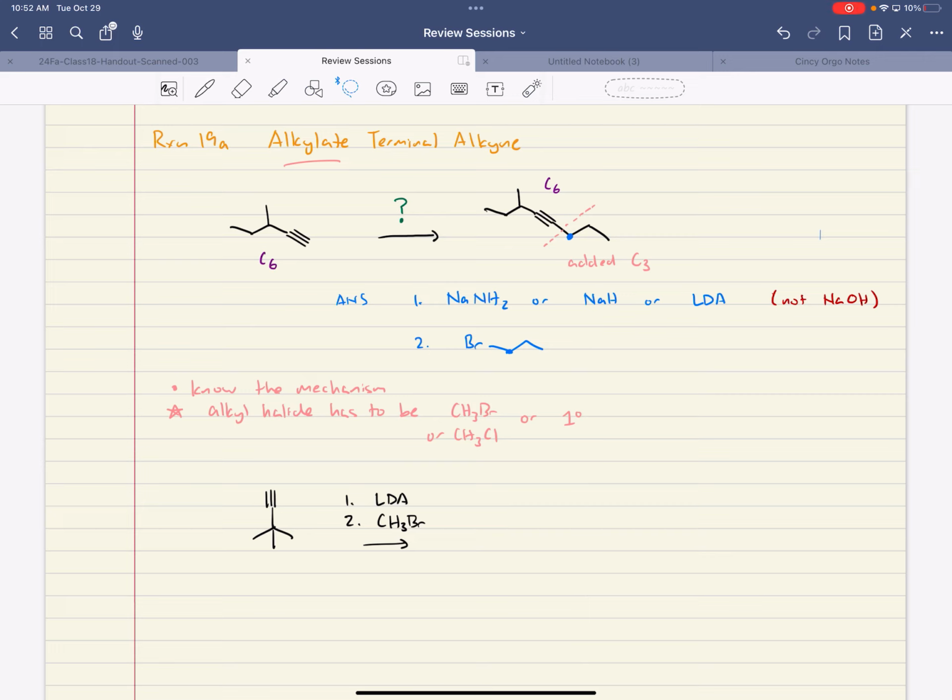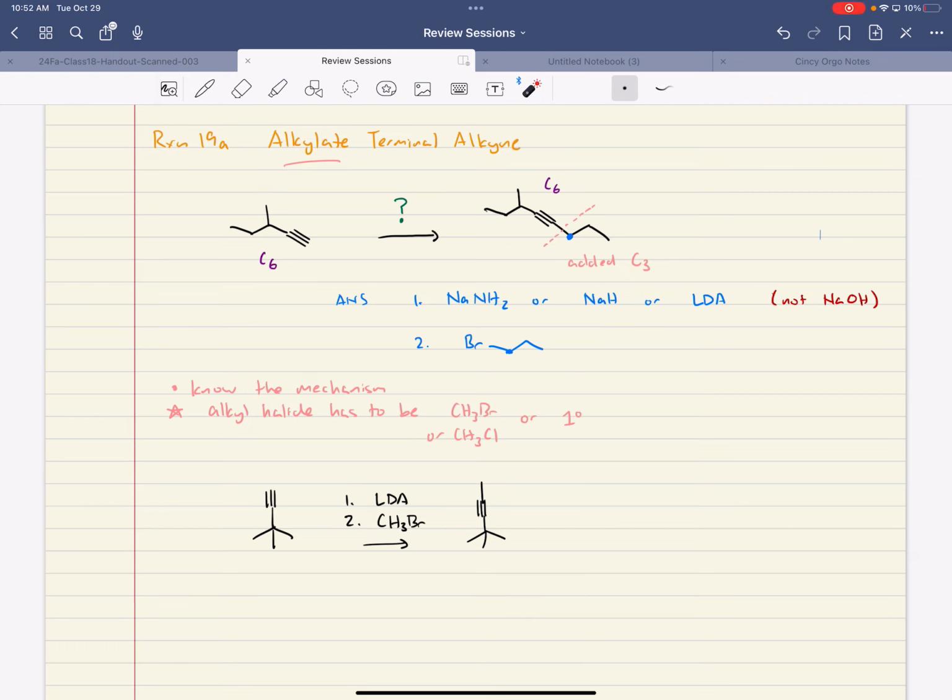And so I can't draw a dot like I did over here. The dot is this carbon. But I can imagine that the triple bond carbon made a bond to the dot, kicked out the halide. And so all you're doing is adding a methyl group. Some people actually have more trouble with a smaller molecule than a larger molecule.